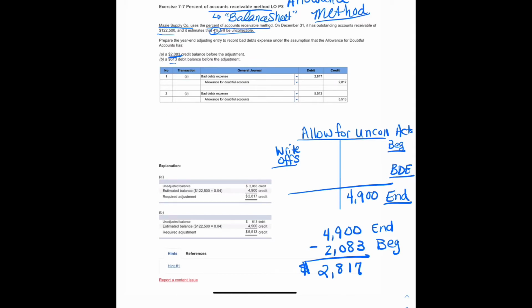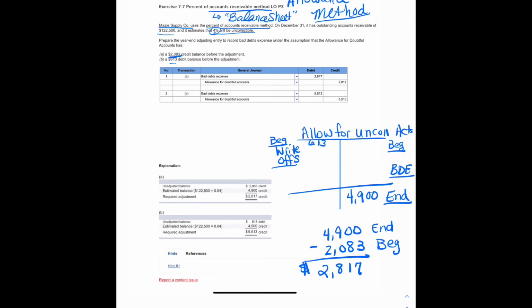So in this case, I actually have a non-normal beginning balance. I began the year with a $613 debit balance, which means in the prior period, I didn't estimate enough. I had too many write-offs. So I've now got this $613 as a debit, but I now need to get to $4,900 as a credit.